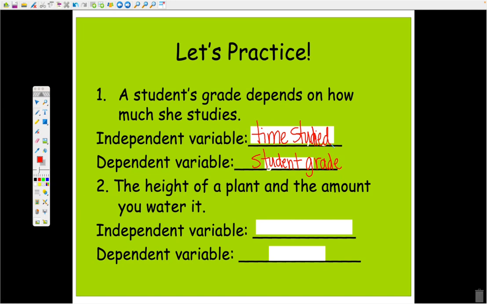So we got this, right? The height depends on the amount of water. So the dependent is going to be the height. A lot of times I like to say the dependent first, because it sounds easier. It makes sense if you do that. So dependent is height. Independent was water.